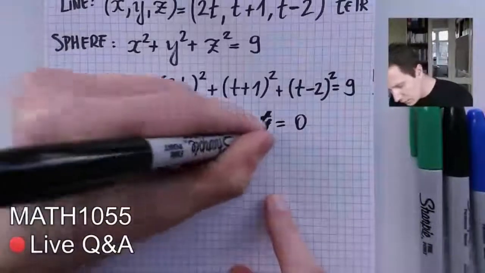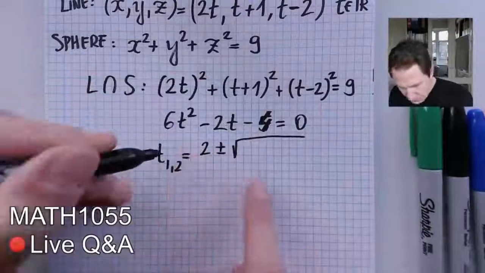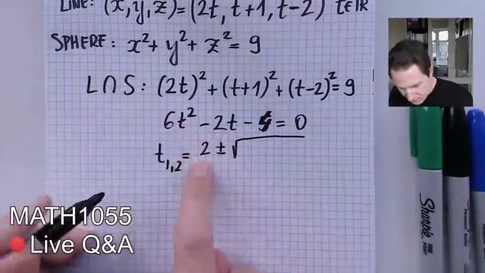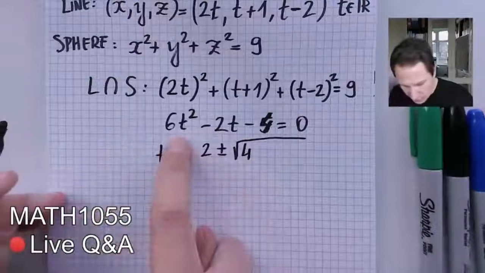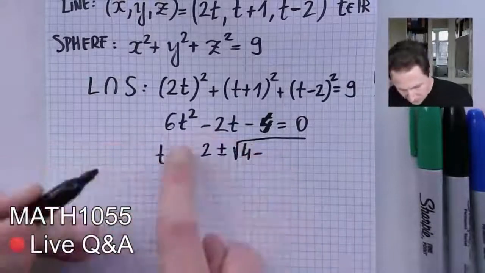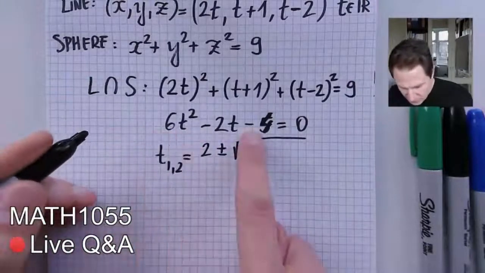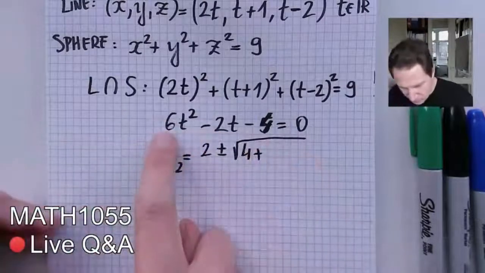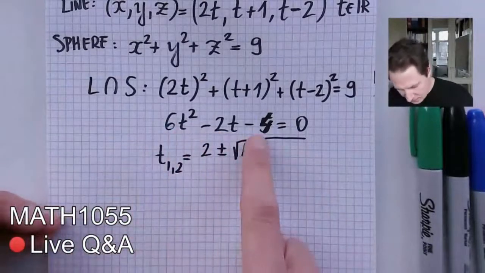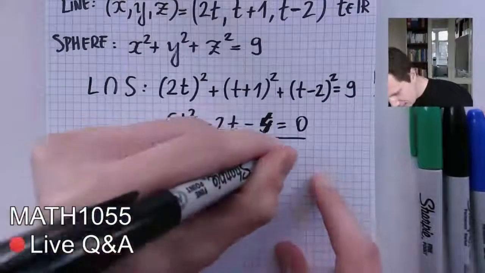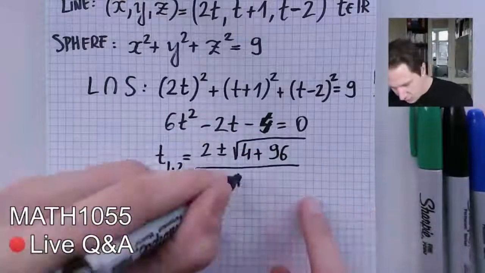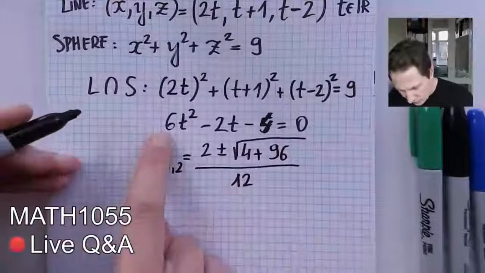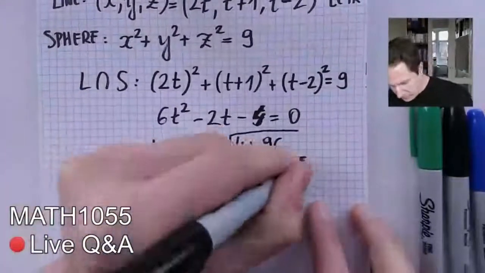I can simply use the quadratic formula. So what I'm getting here is plus 2 plus or minus the square root of 2 squared, so that's 4, minus 4 times 6 times minus 4, so that's plus 4 times 6 times 4, so that's 96, divided by 2 times 6, so that's 12.